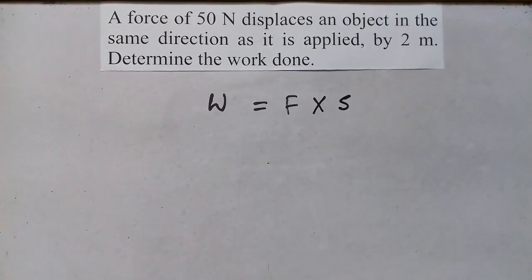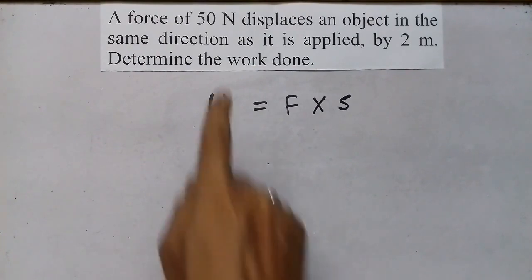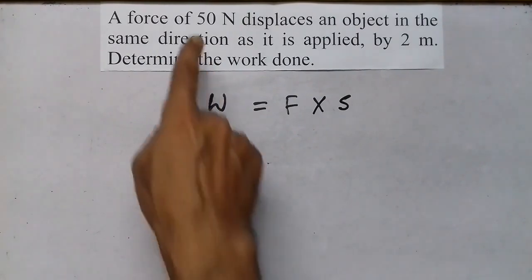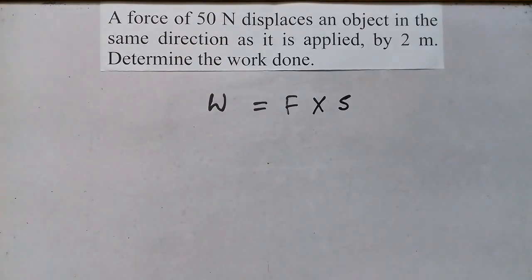A very simple word problem it is. A force of 50 Newton displaces an object in the same direction as it is applied by 2 meter. Force applied is 50 Newton, displacement taken place is 2 meter.